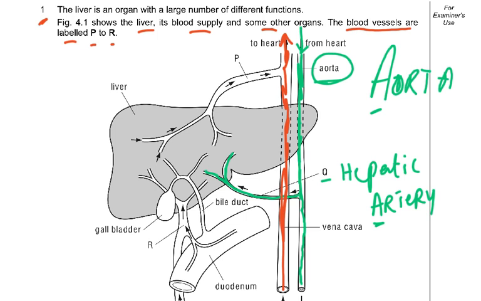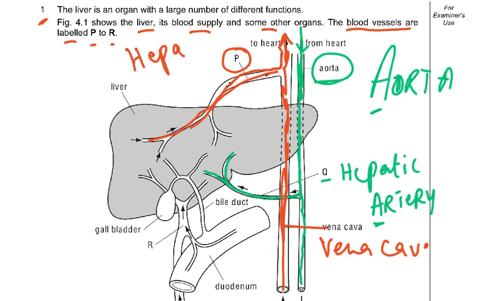This is going to the heart, so this has to be the vena cava. And anything which enters it, like this vessel here, has to be the hepatic vein. All the veins drain into the vena cava. So A aorta, A artery, V vena cava, V vein.